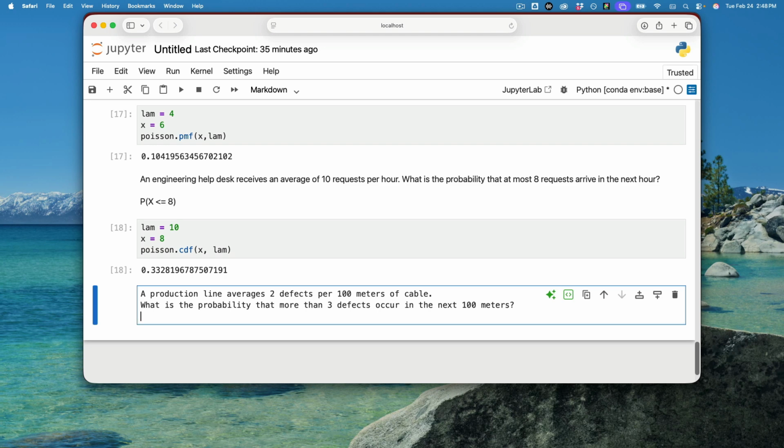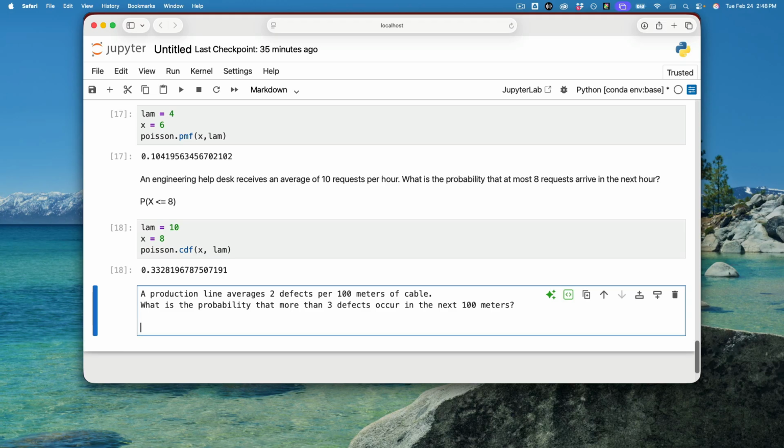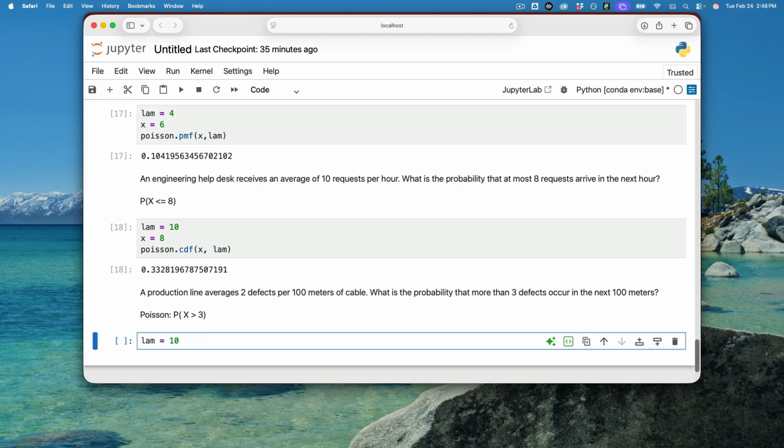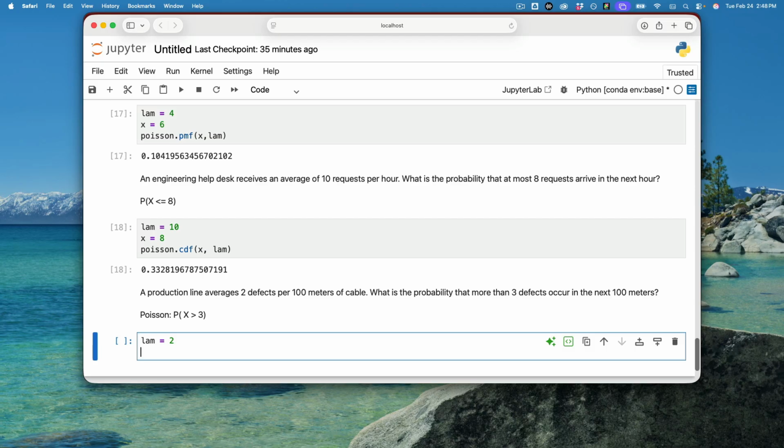That's one of the few tricks I can think of for this problem. What is the probability that more than 3 defects occur in the next 100 meters? So this would be Poisson, and more than 3 defects, so we want P of x strictly greater than 3. And we have our lambda equal to 2 defects per 100 meters.